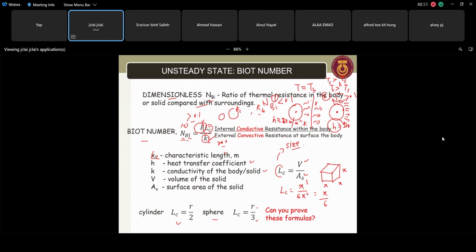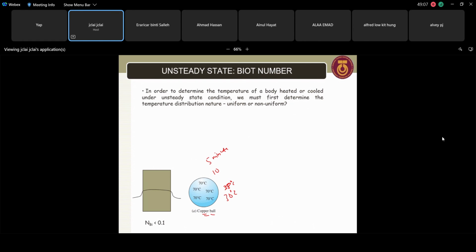So first we must determine which category your body falls under: uniform temperature distribution or non-uniform temperature distribution. After determining that, we need to use a different formula, a different method, to determine the temperature of the body over time.